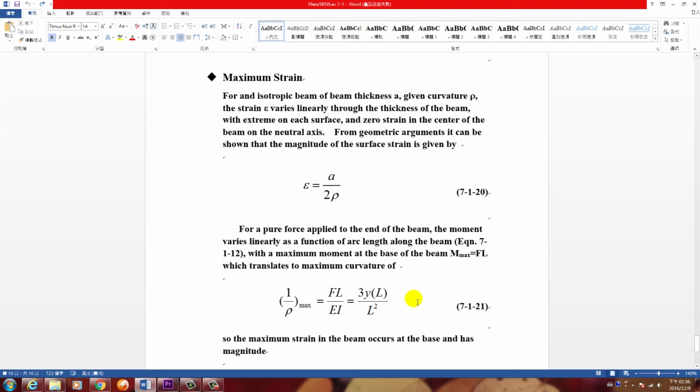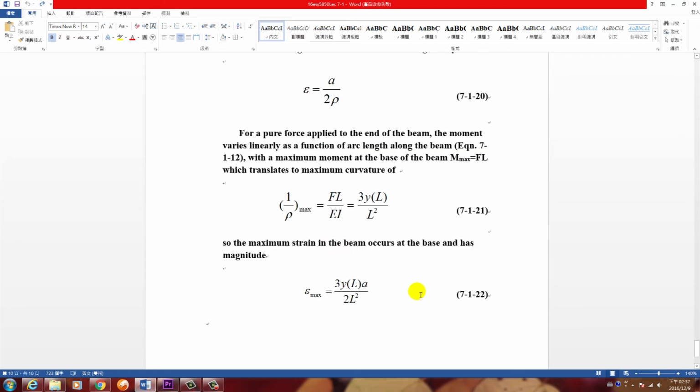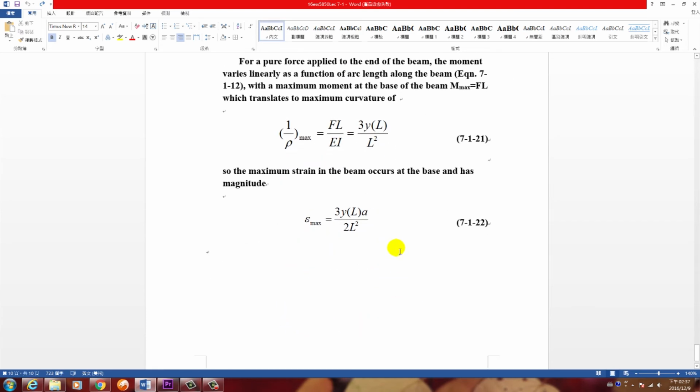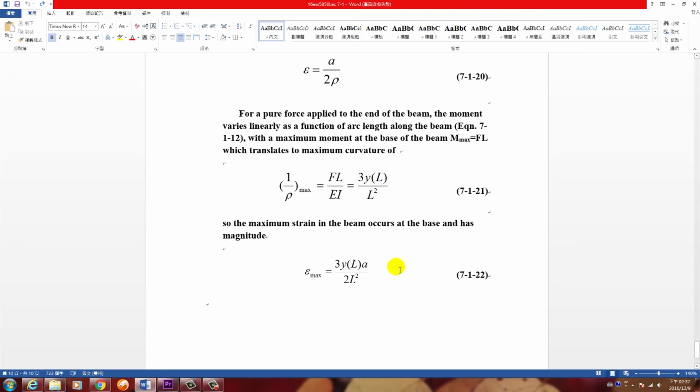Let me finish the other part, because the other part is also important. Now we can compare a little bit with our original map, the signal process. Now we are almost halfway to the center part. So consider we have a cantilever beam.